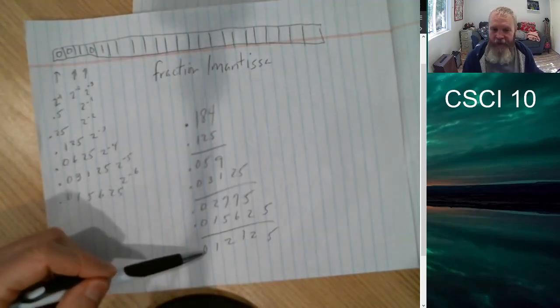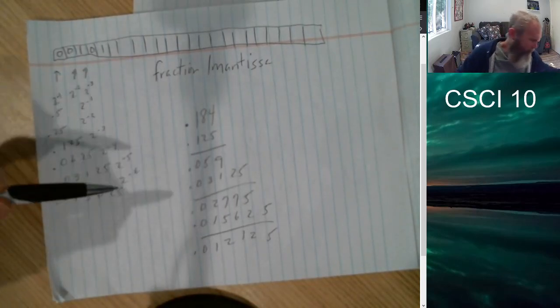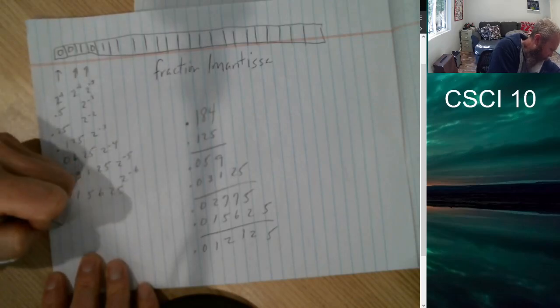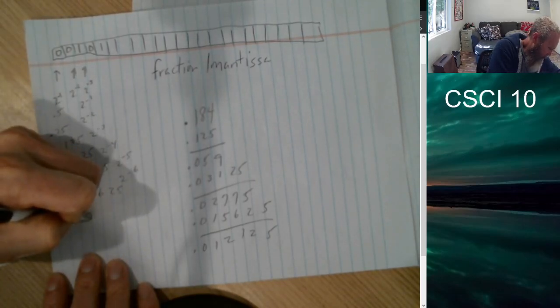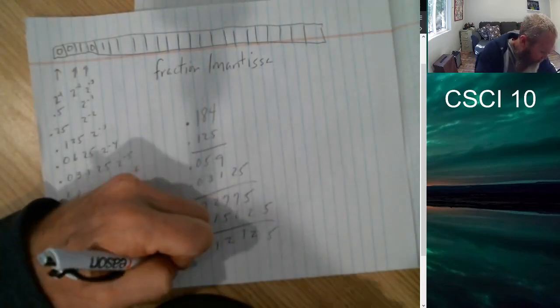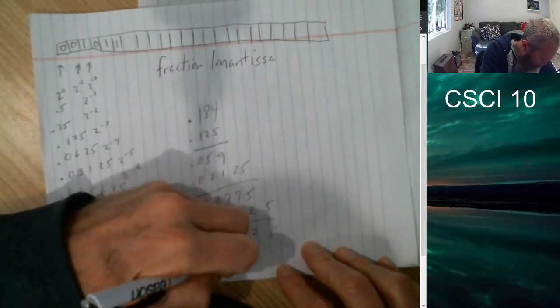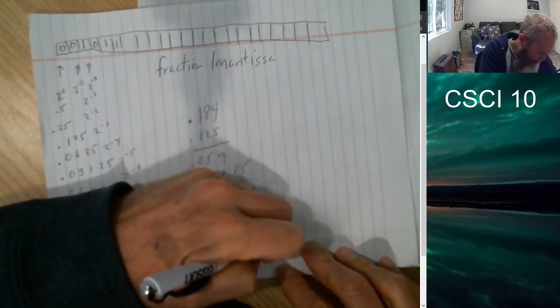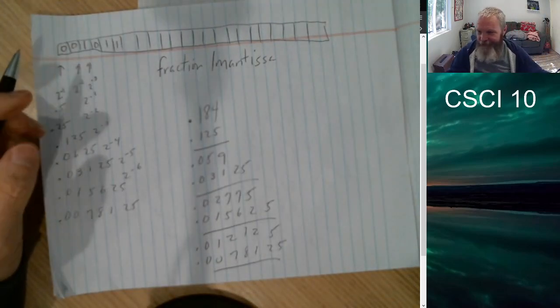I still have this much information that's not been represented in binary. And it's just going to keep getting more and more miserable. That one I can fit, so I can put that one in. But does anyone see where this goes?